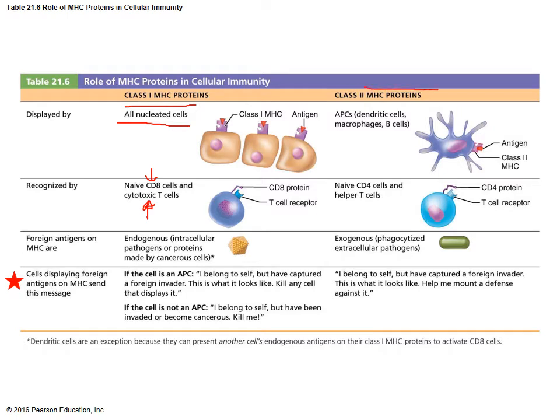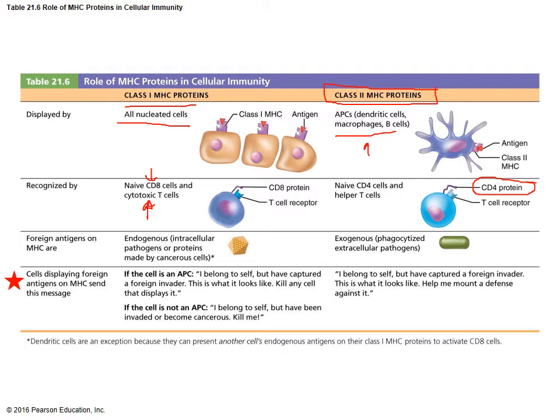The class 2 MHC proteins, you're going to find only on your antigen presenting cells, so your dendritic cells, your macrophages, and your B cells, and they will allow interaction with the naive CD4 cell as well as the helper T cell. All right?